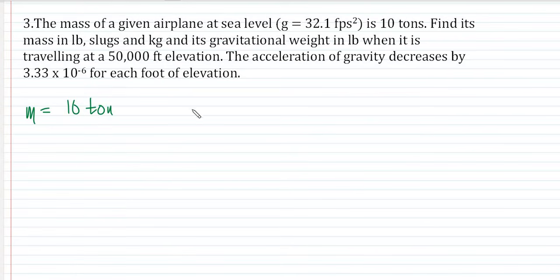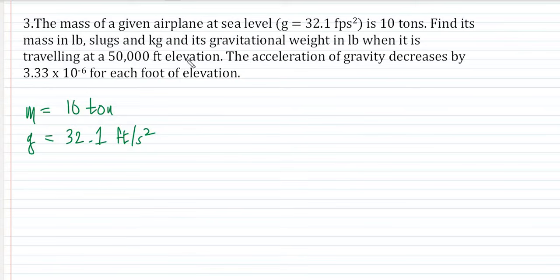So that's the mass of the airplane, and at sea level the local gravitational acceleration is 32.1 feet per second square. Find its mass in pounds. Similar to our previous problem, mass in pounds, slugs, and in kilograms.